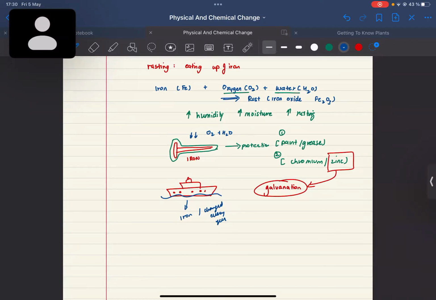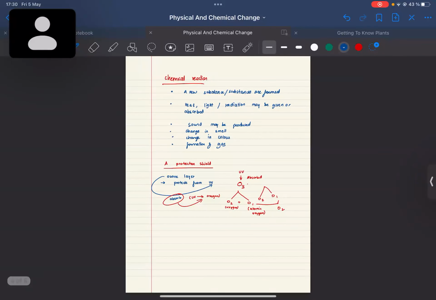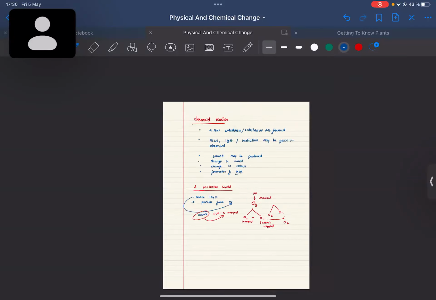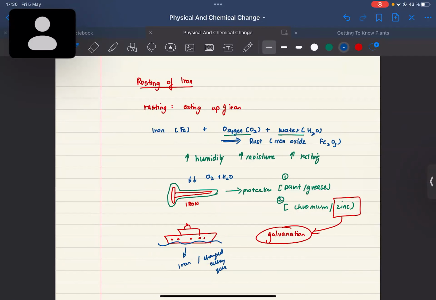So now I'll write all the negativities of rusting. Ma'am, from the starting, what are the notes, or are there more notes? We learned about the ozone layer. These are the other notes. Maybe you can note this down, and I'll show you that page. Okay, ma'am.